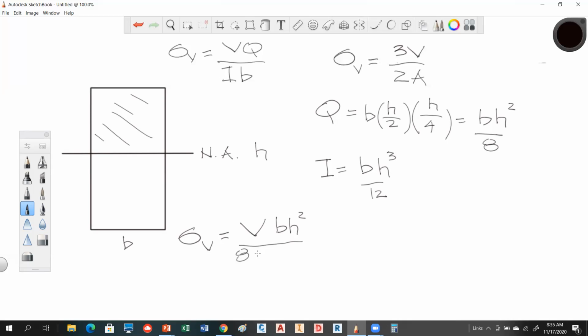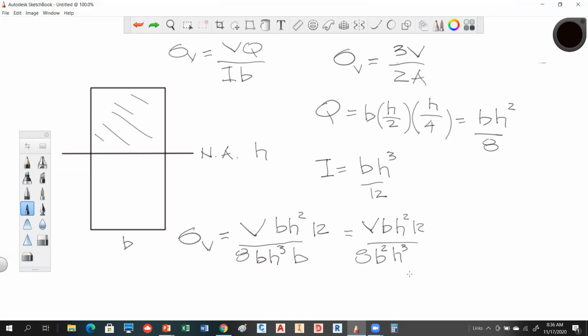And then the moment of inertia is base times height cubed, and the 12 will come up here. And then we have base. So what we get is V, and then base times height squared times 12. Base times base, that gives us 8 base squared, height cubed. I'm sorry, I've already done the B.